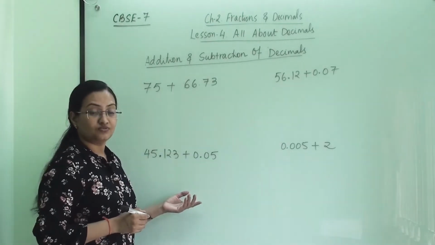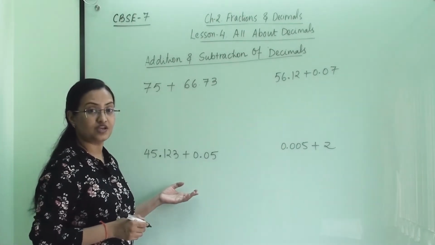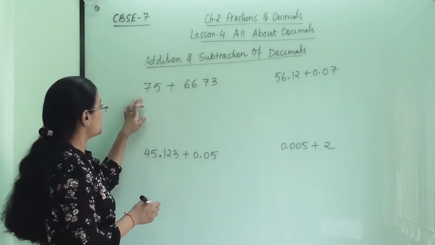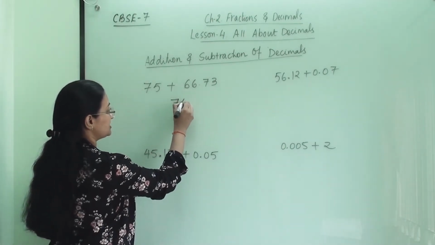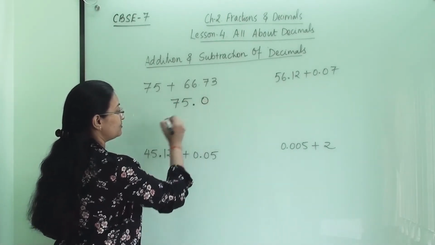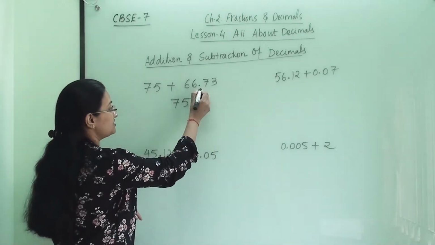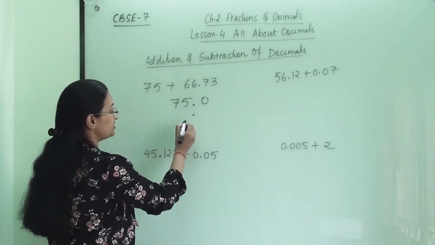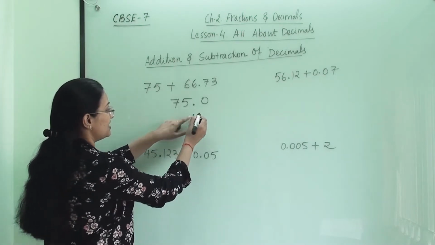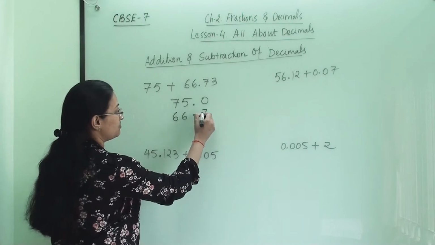These are some examples that we are going to add. First is 75. We write 75, which is a whole number, then a decimal point and then 0. Now the next is 66.73. We put the point, then before the decimal point 66 and after the decimal point 73.